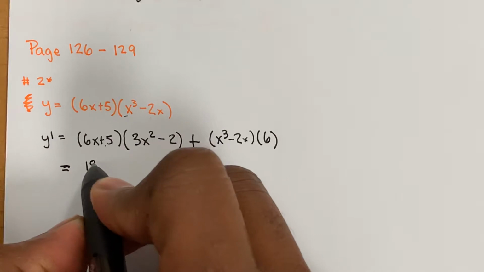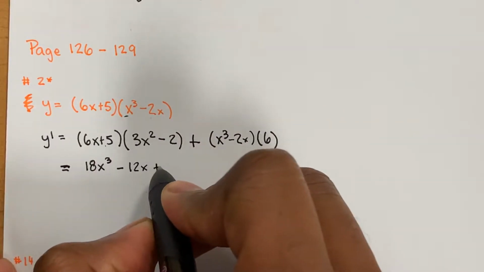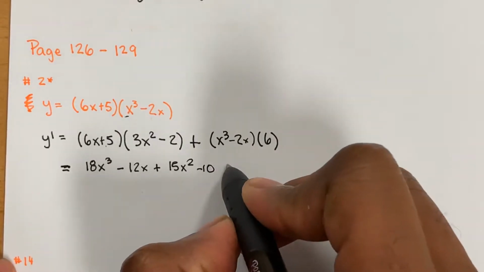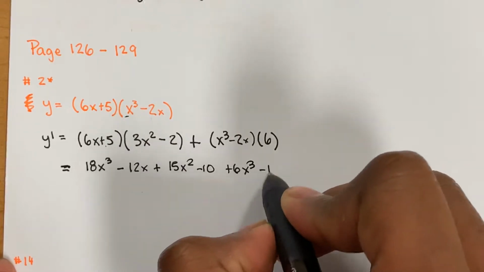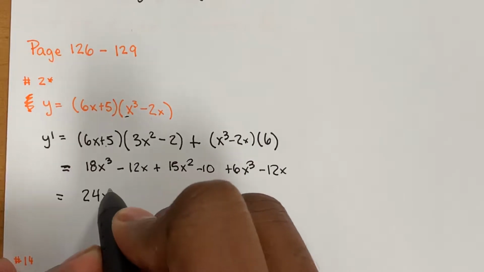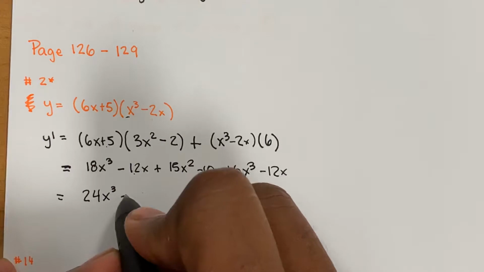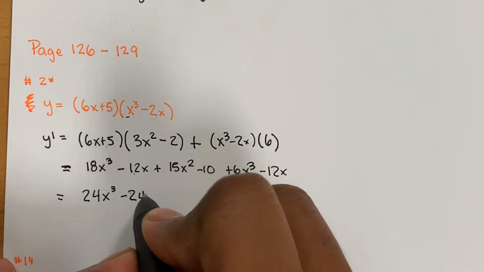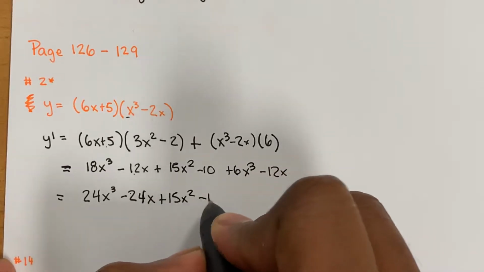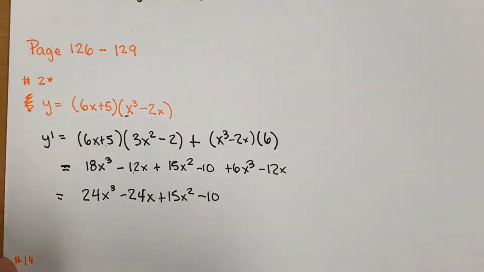So we would get 18x cubed minus 12x plus 15x squared minus 10 plus 6x cubed minus 12x, which simplifies to 24x cubed, minus 24x plus 15x squared minus 10. Technically, these should be reversed so that they're in descending order.